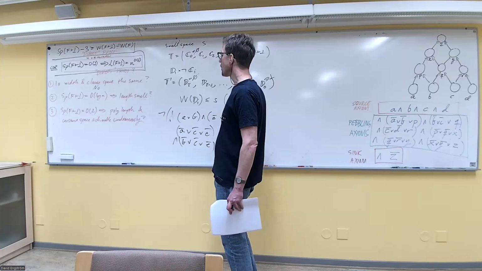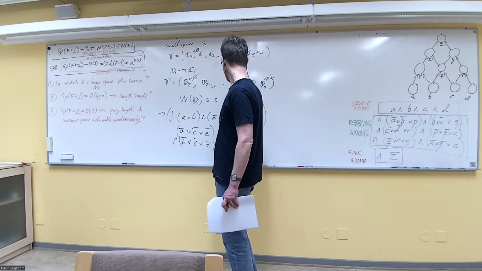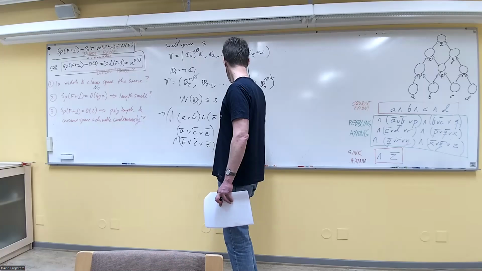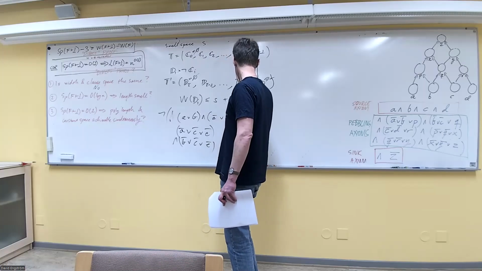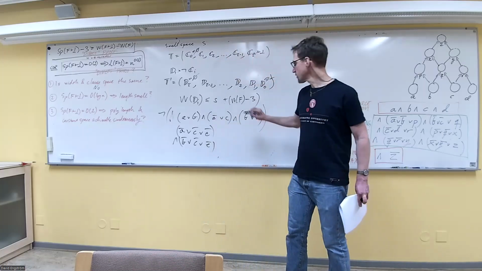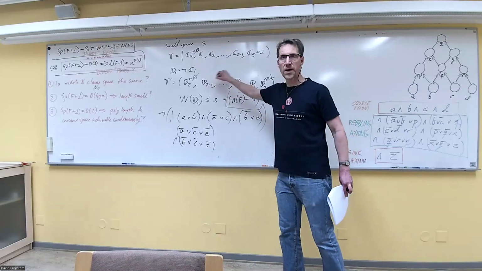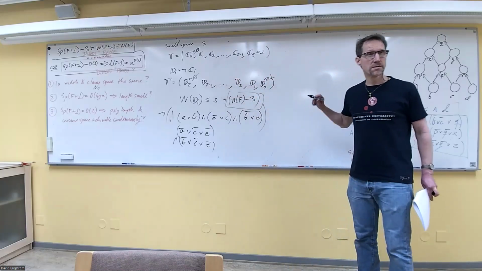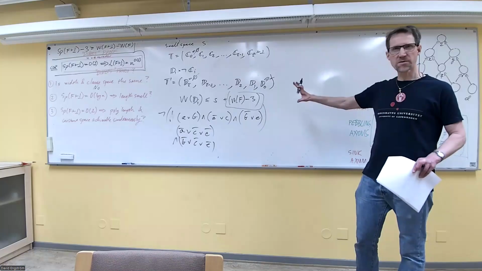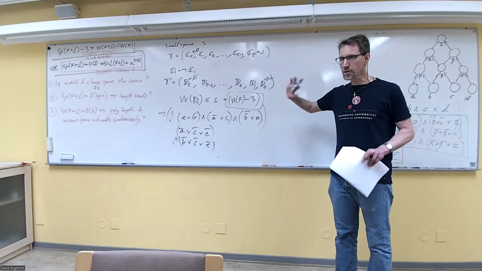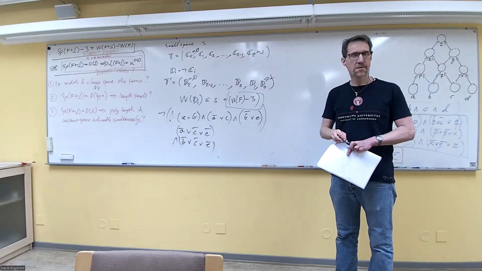I'm blanking now. You get the initial width minus 3, something like this. It's like the extra budget you have to patch things up in between. Unless I'm screwing up, which is very likely, now just argue that you can do it.